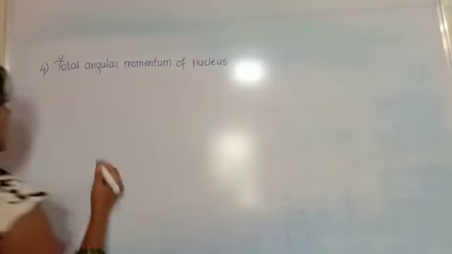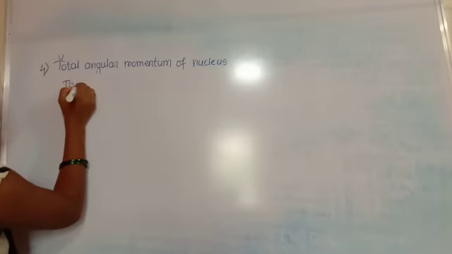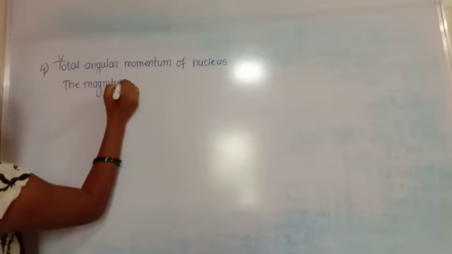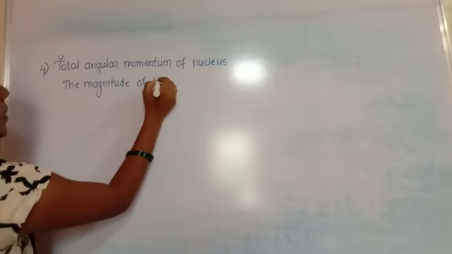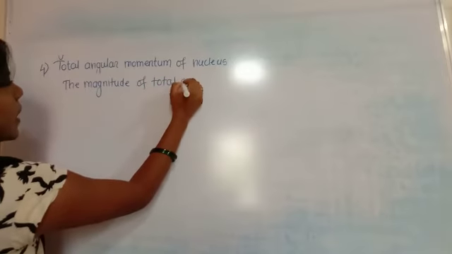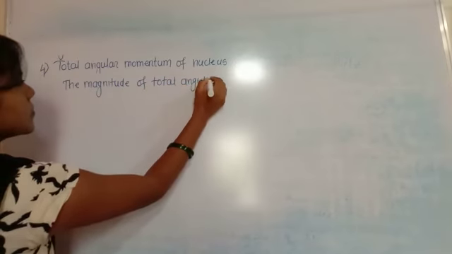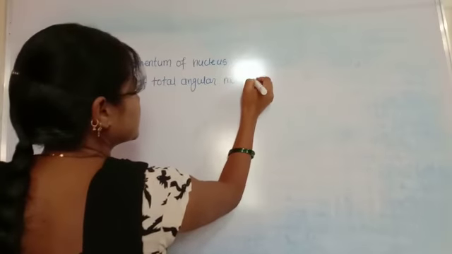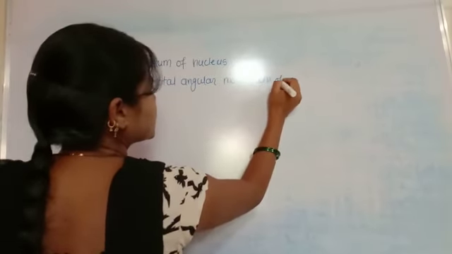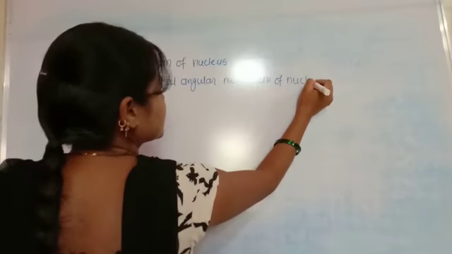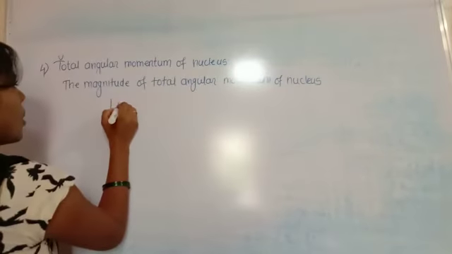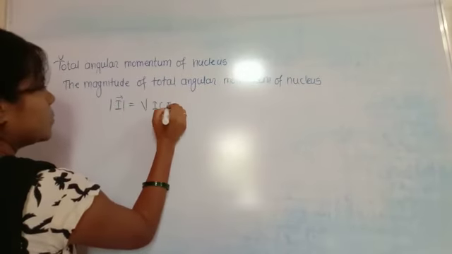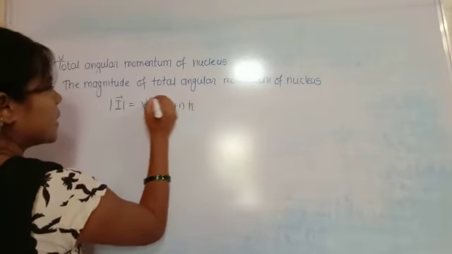Therefore, it is written as the magnitude of total angular momentum of nucleus, that is mod of I is equal to the square root of I into (I plus 1) into h cross.